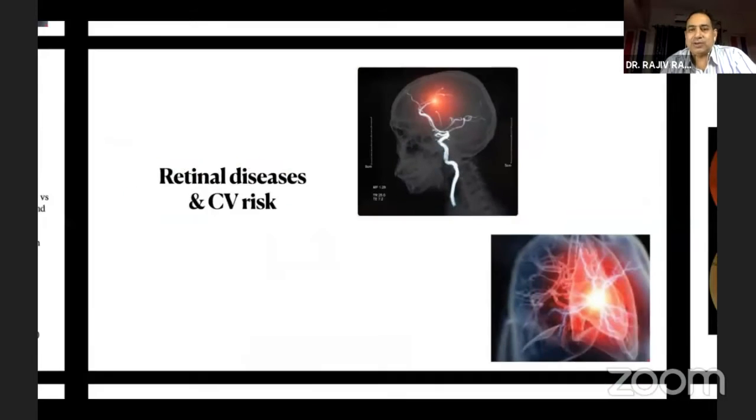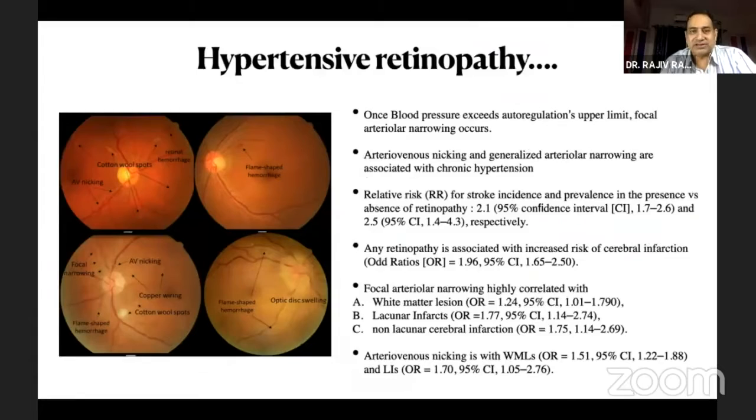Now, coming to the cardiovascular and cerebrovascular risk, hypertensive retinopathy is a very important factor. In a person with hypertensive retinopathy, once the blood pressure exceeds the autoregulation upper limit, you get focal arteriolar narrowing. And if it's chronic hypertension, we get AV nicking or generalized narrowing.